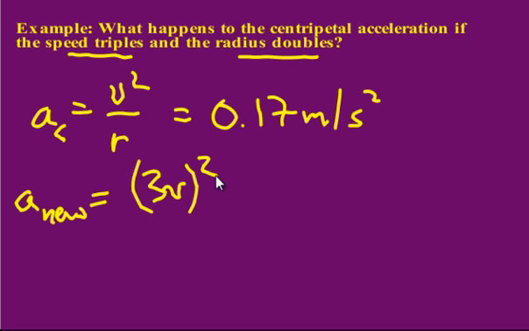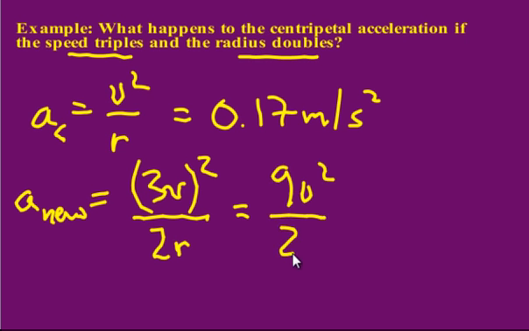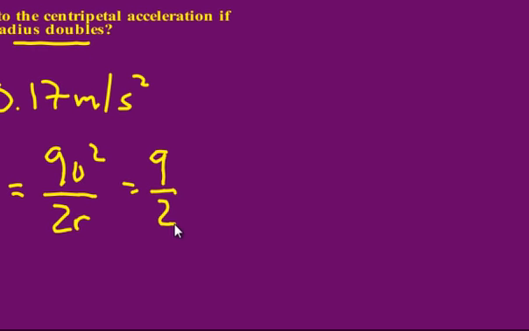And then the new radius is twice as much, like that. Then I'm going to multiply everything out. Notice that this is going to work out to 9v squared over 2r. And then I can pull this 9/2 out in front, like this. And remember, this right here represents the original acceleration, which was 0.17.